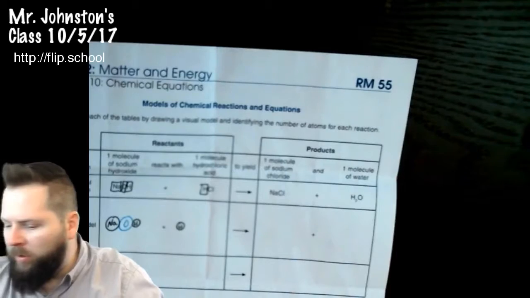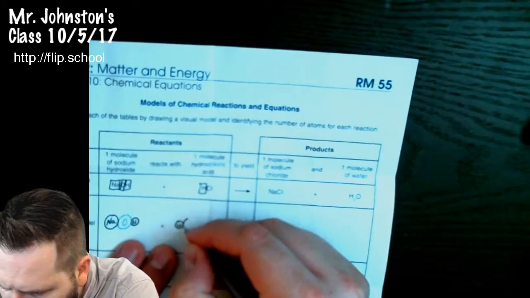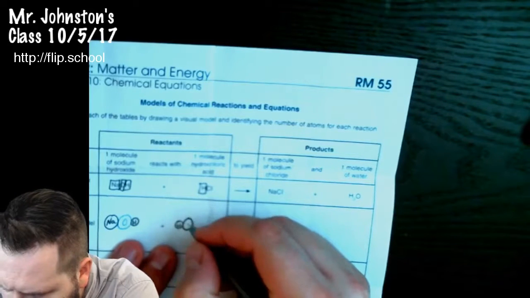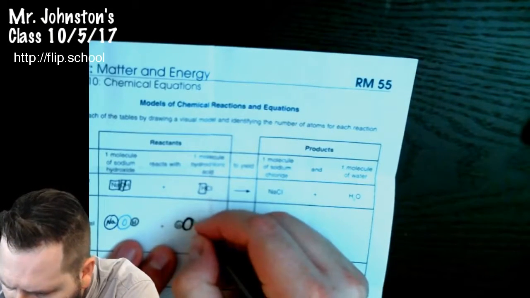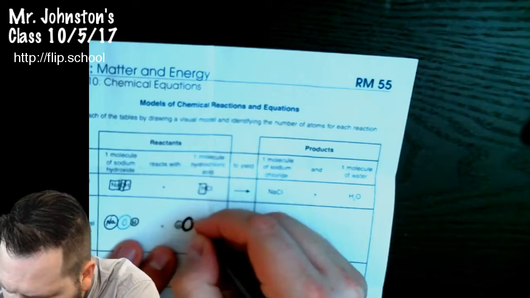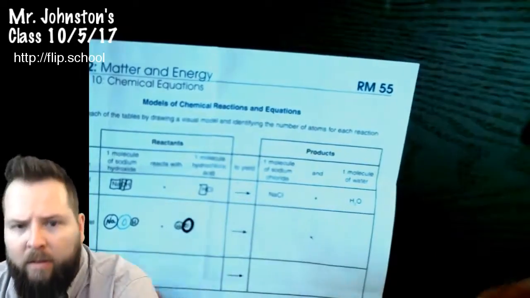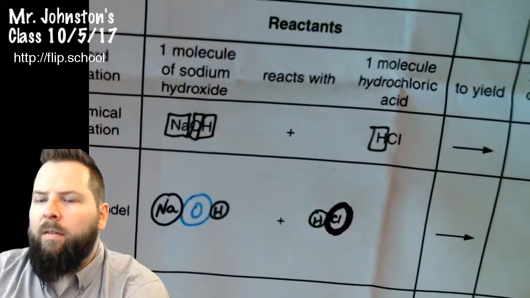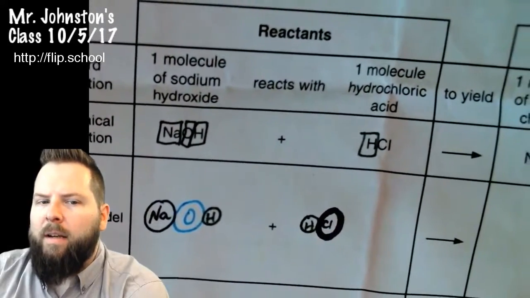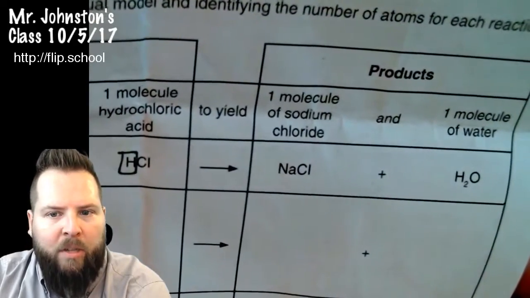So what I'm going to use is my black, but I'm going to do a thicker line so that it's obvious that it's different. Cl for chlorine. Okay, and that would be my reactants side.